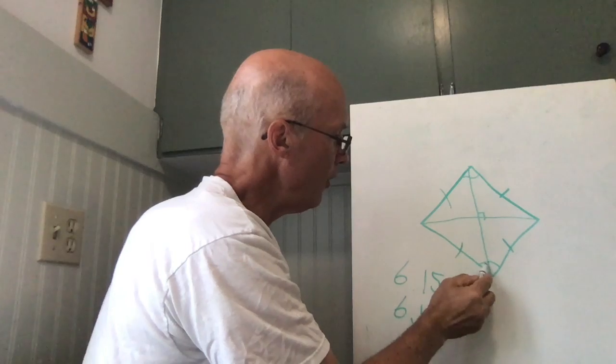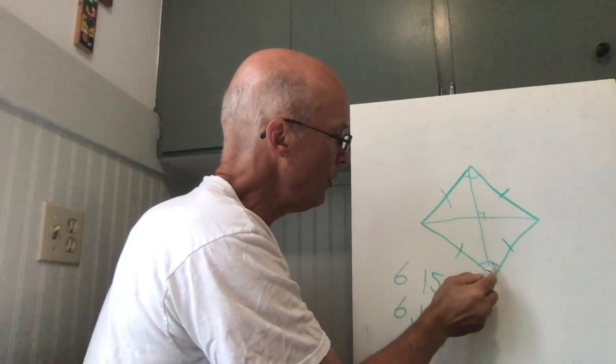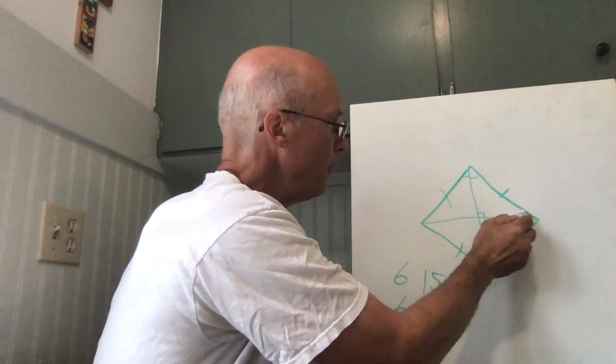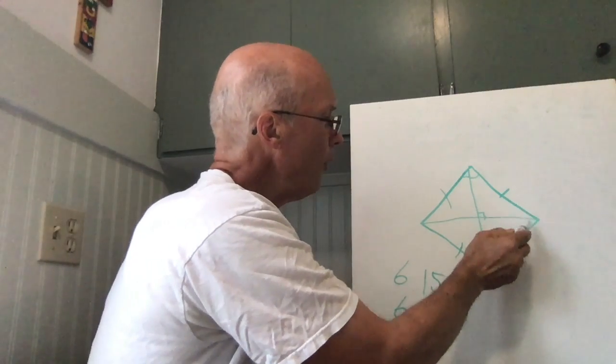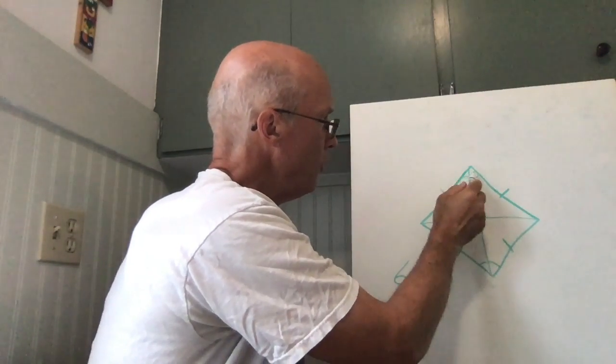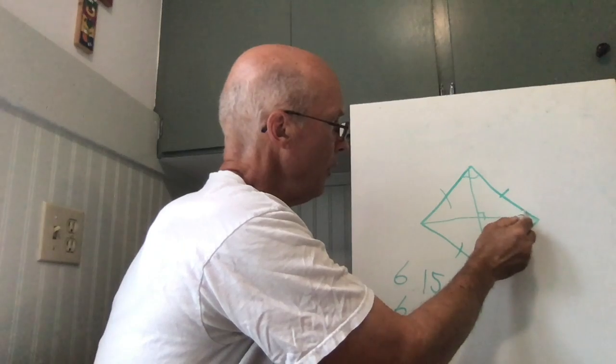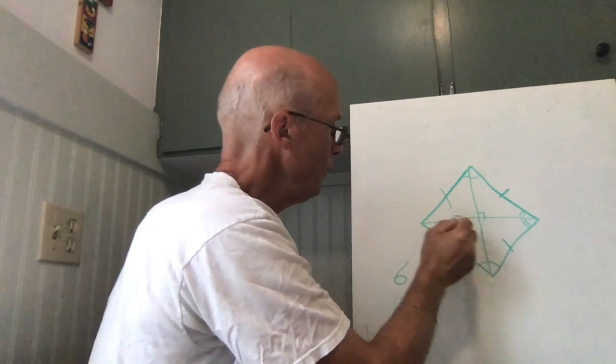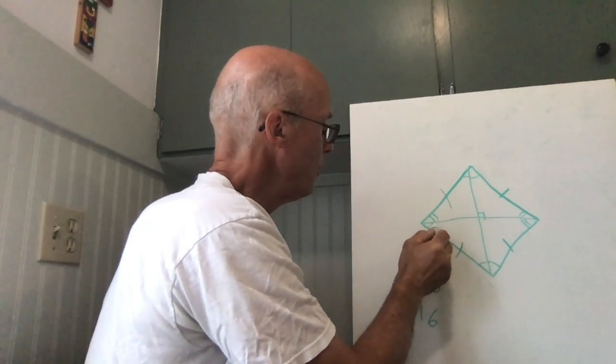So down here, they're splitting this angle into two equal angles. Same here. I don't know that these two are going to be the same as those two though, but they're splitting these two into equal angles.